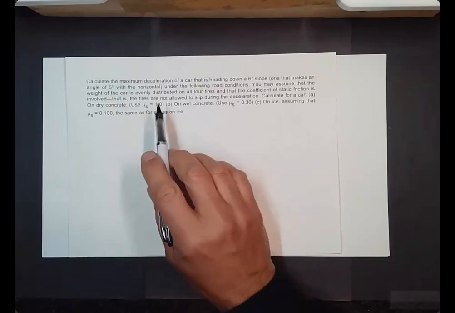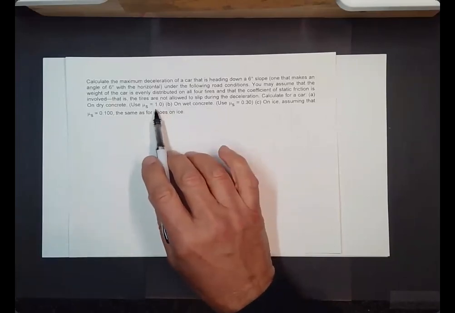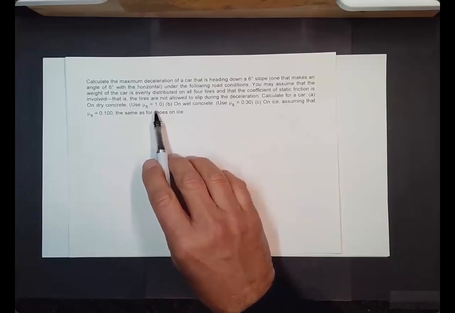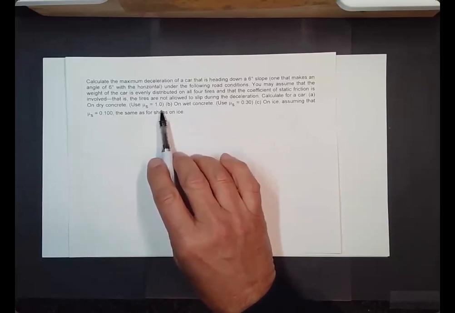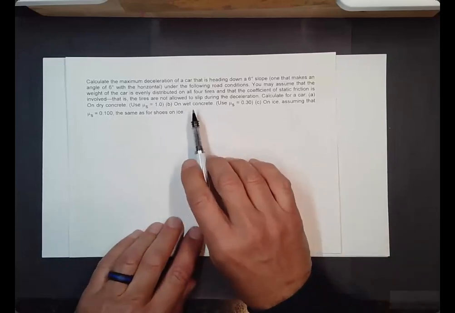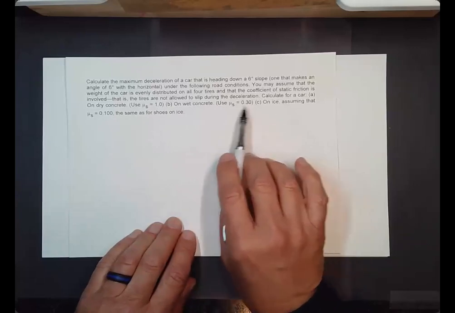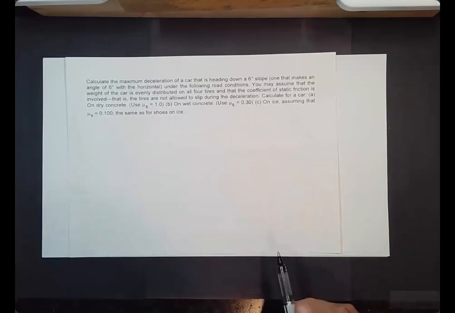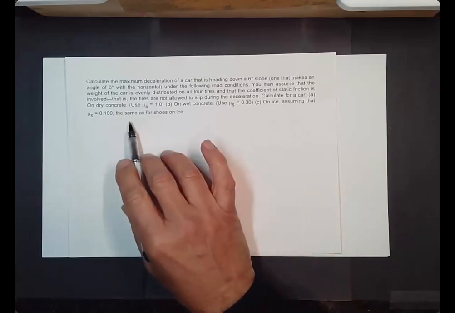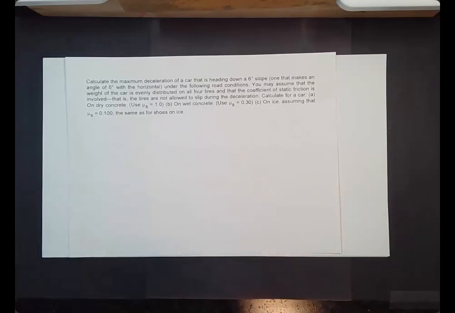So that's pretty high. You can actually buy tires that have a higher coefficient of friction than 1.0. They're kind of sticky, actually, but they're more expensive, as you might imagine. Anyway, on wet concrete, and then on ice, assuming mu sub s equals 0.100, and that's just matching the same coefficient as shoes on ice.